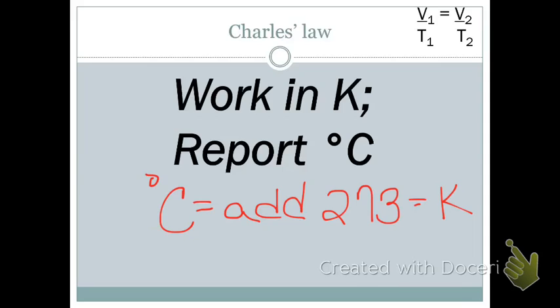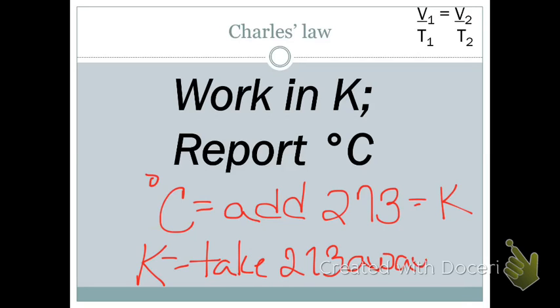Once you finish with the problem, if I'm asking you for temperature and your answer is going to be in K, then you take 273 away. And that will bring you back to degrees Celsius. Again, notice that Celsius has a degree, Kelvin does not.